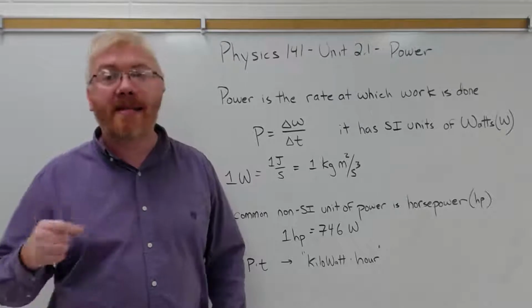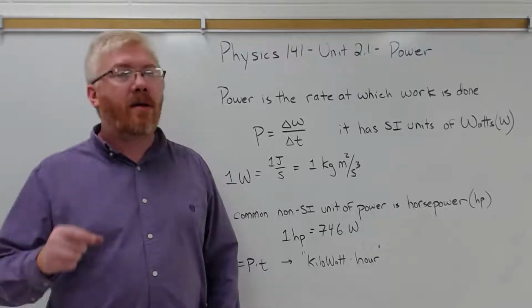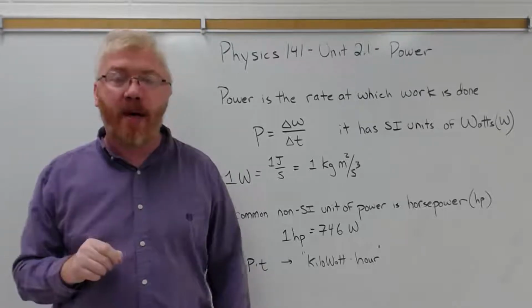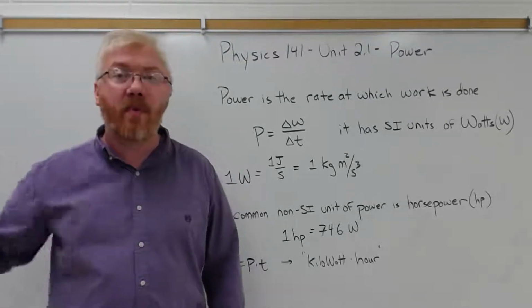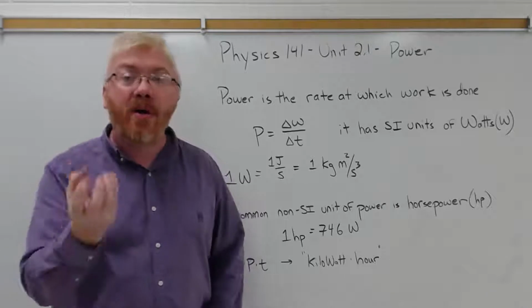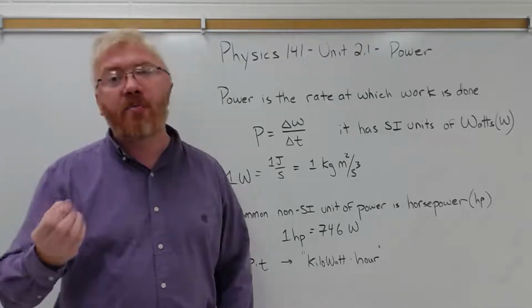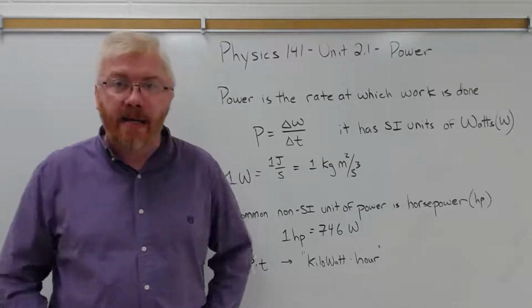They just put out a lot less heat. So you'll see on the packaging for light bulbs, equivalent to a 75 watt incandescent, equivalent to a 150 watt incandescent, when really those bulbs put out far less power because they're more efficient at producing radiant light.